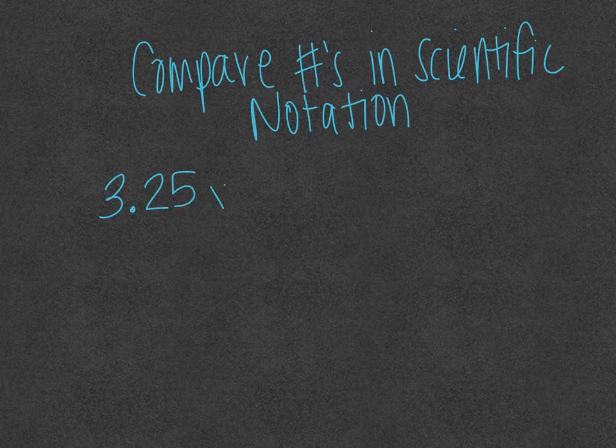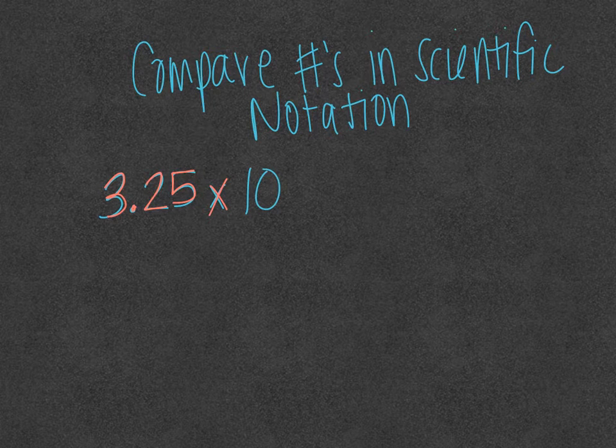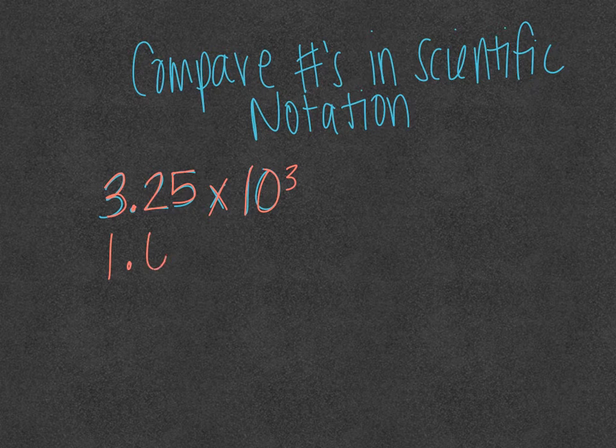So let's say we have 3.25 times 10 to the third power. And then we're going to compare 1.67 times 10 to the third power.